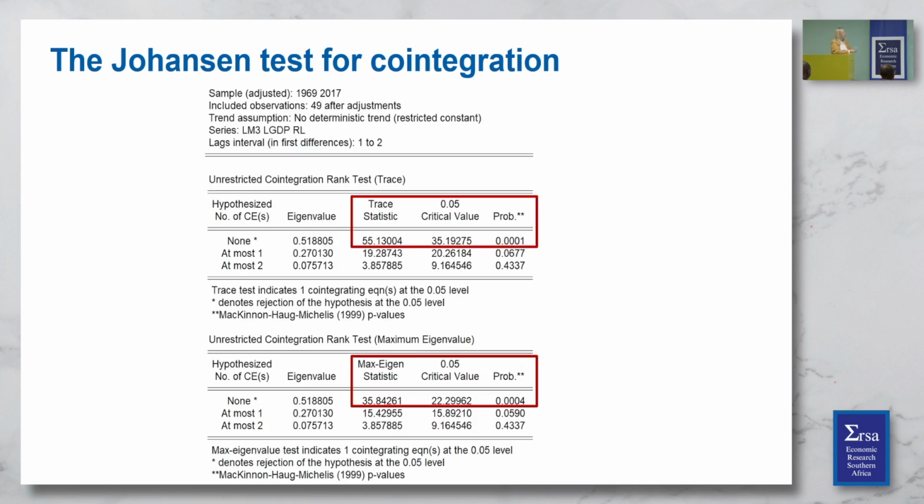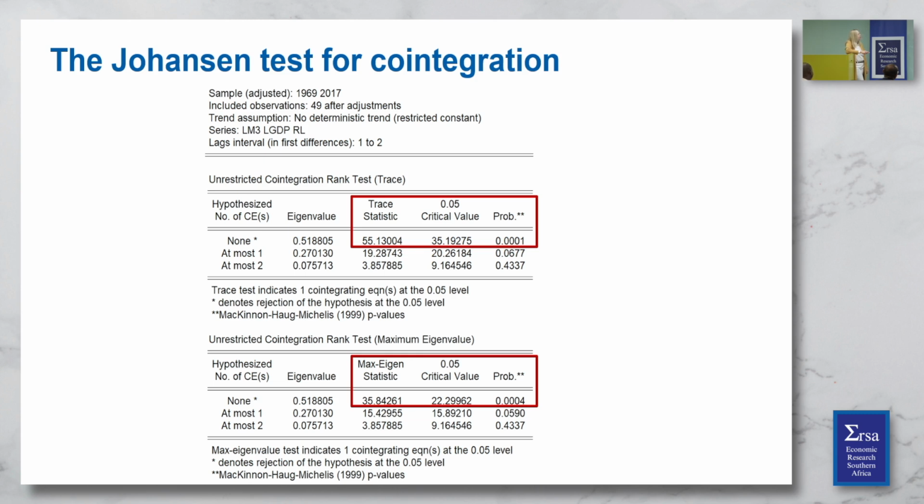So in the output, it looks like this. We test for co-integration between those 3 variables. The null is no co-integrating vectors against the alternative of more than 0. That is the trace statistic based on the eigenvalue of the pi matrix. It is bigger than the 5% critical value.